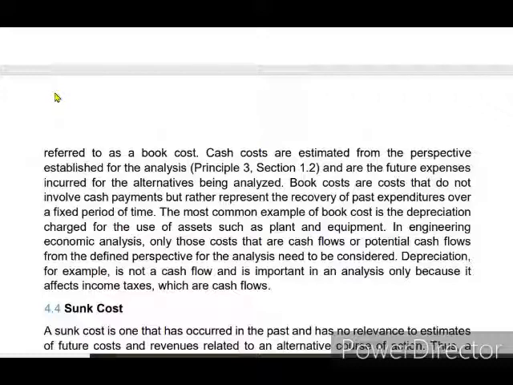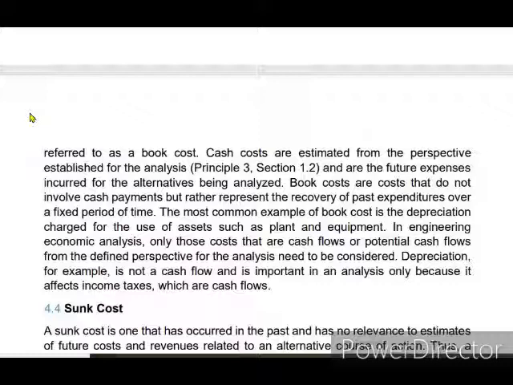That is why it is also called non-cash cost. The most common example of book cost is the depreciation charge for the use of assets such as plant and equipment, because those machines and equipment have their value getting lower, or depreciating, over time.